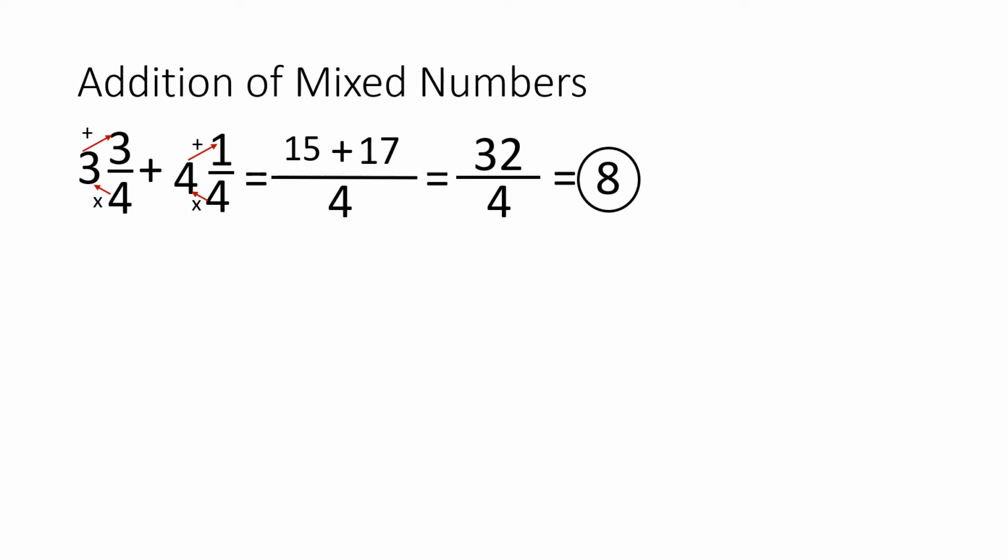Did you understand? Again, to do the addition of mixed numbers, change first the mixed numbers into improper fractions. Then, copy the value of the denominator, add the numerators, reduce the answer to its lowest term if needed. Understand? Very good.